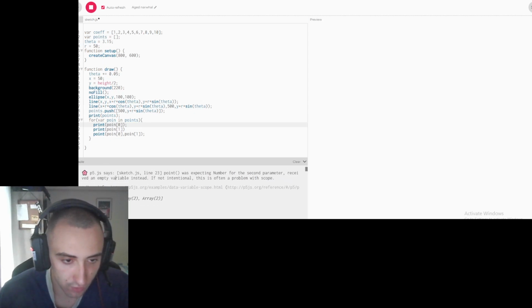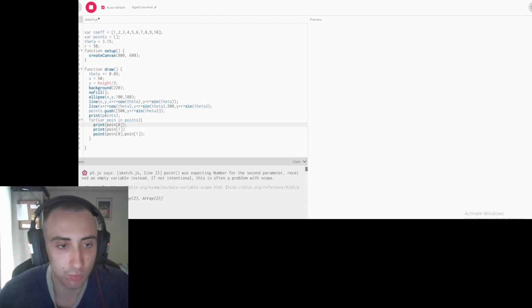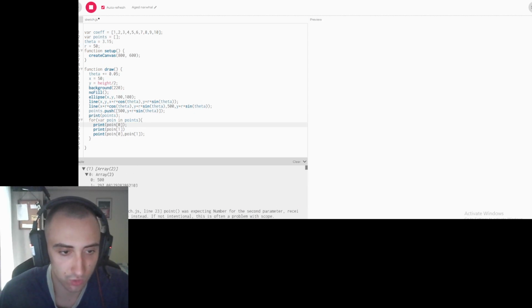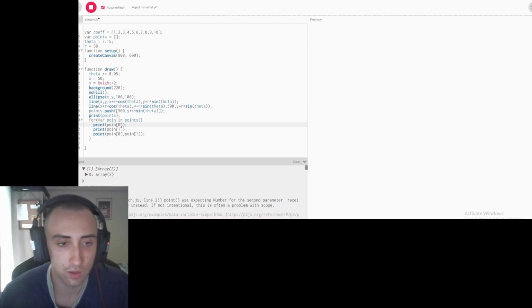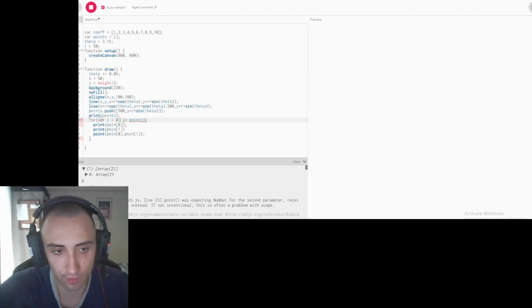Points have arrays of 2. And this array of 2 has index 0. Come on. I have to do it this way. No, I shouldn't have to do it this way.